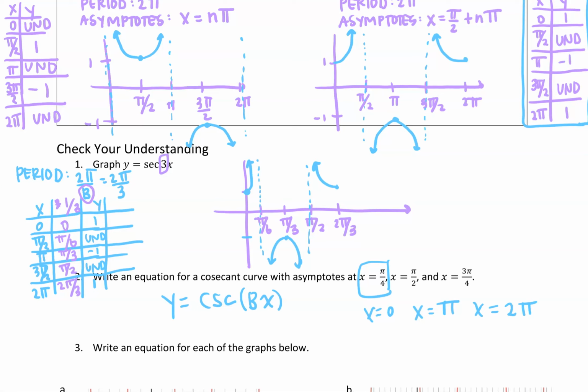So what do you think I did right here to get a 4? Did I divide by something here? What did I divide by? A 4. Divided by a 4. And what about right there? 2 pi divided by what? What is that going to give me? Pi over 2. So what should B be? 4. Awesome.